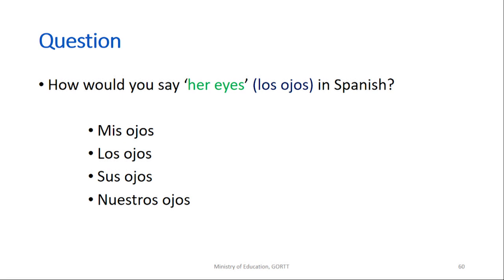Now, how would you say her eyes in Spanish? Think carefully. I want you to get this one right. Excelente. The answer is los ojos. Remember, when referring to the possession of body parts, we use the definite articles and not possessive adjectives.